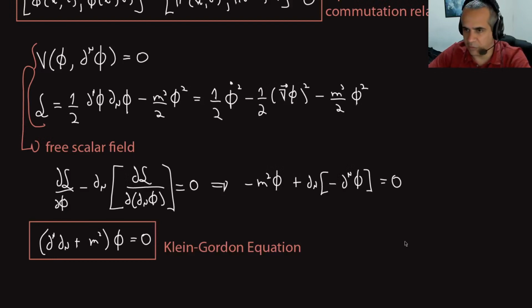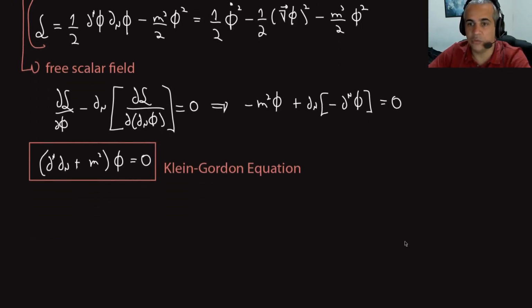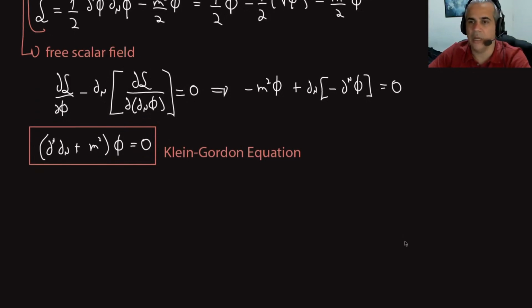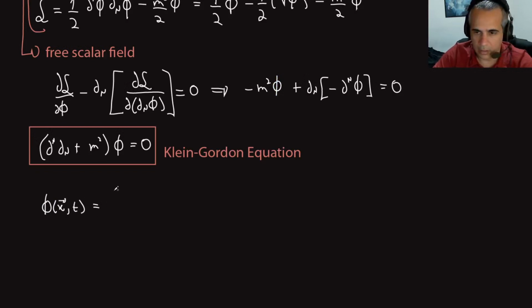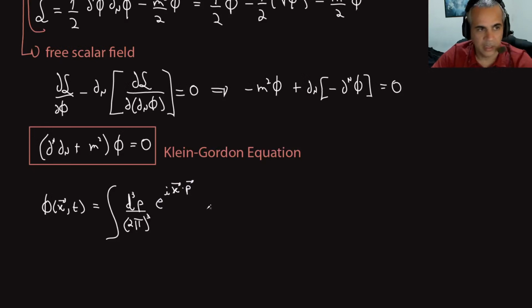So now to get even more information out of this, let's go to momentum space. Let's do a Fourier transform for this field. So I'll take phi of x and t and do the Fourier transform, writing this as a function of the momentum conjugate to these positions, with d cubed p over (2 pi) cubed and the exponential of i x dot p times phi.